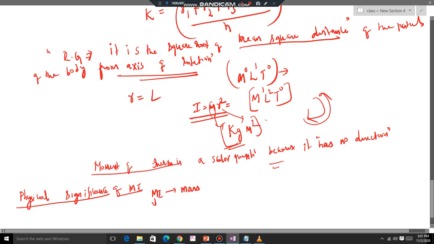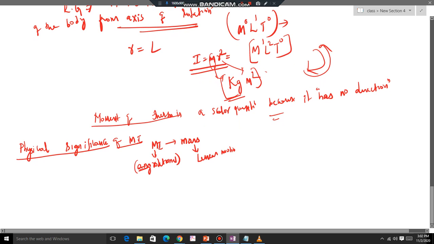Moment of inertia is related to angular, that is rotational motion, whereas mass is related to linear motion.